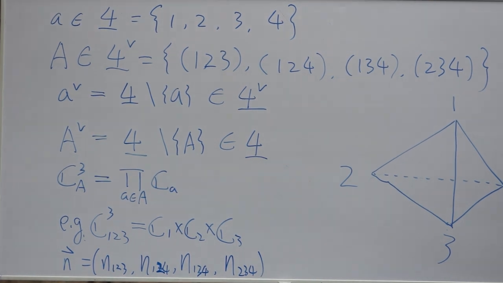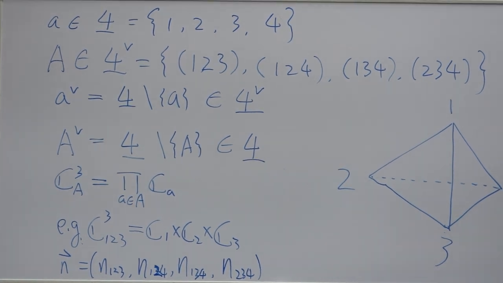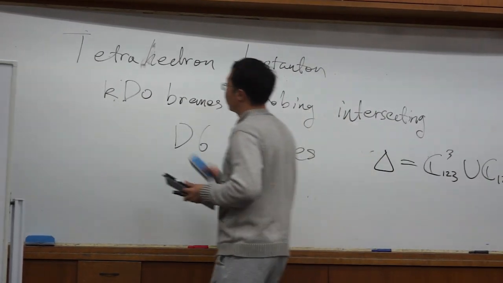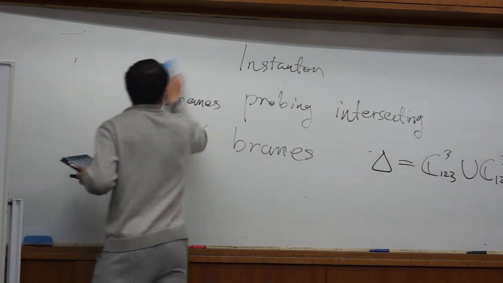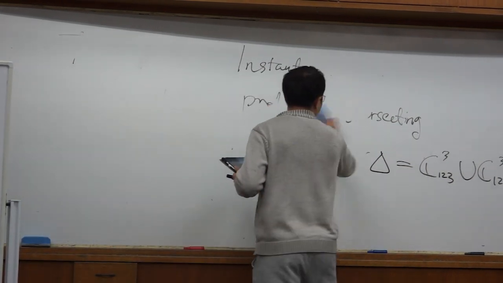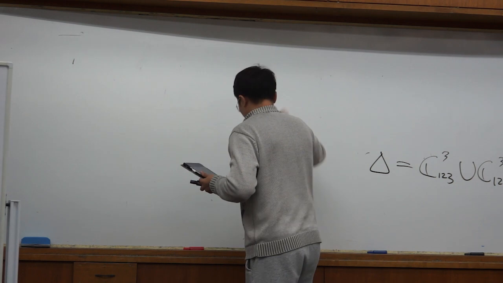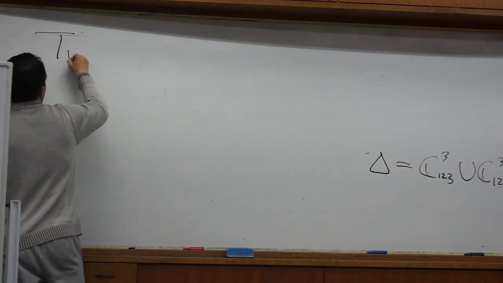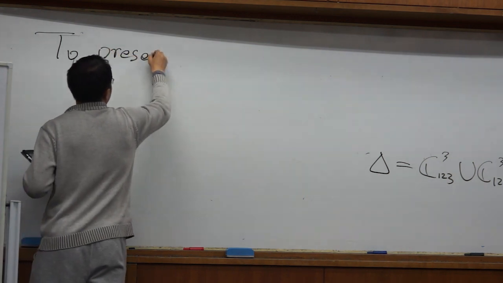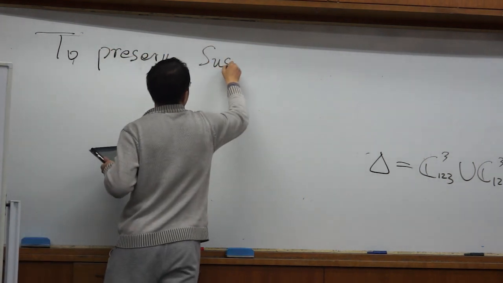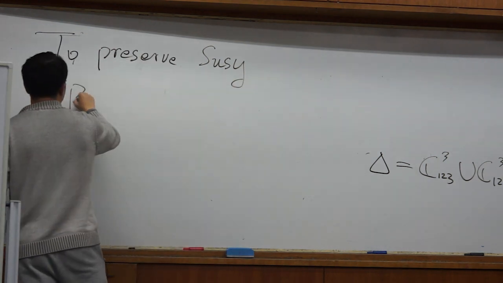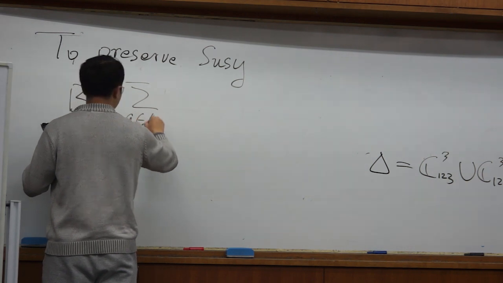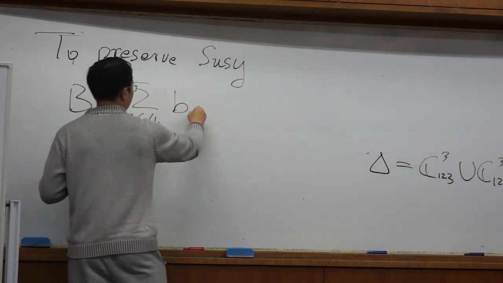Therefore, one has to turn on the Neveu-Schwarz B field to preserve supersymmetry. So, to preserve SUSY, we have to turn on a non-trivial B field, which is a two form, looking like this.